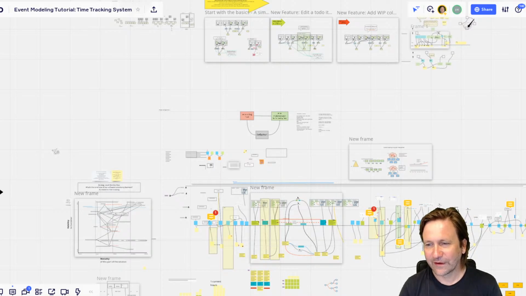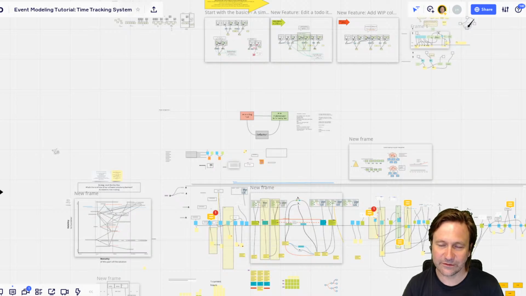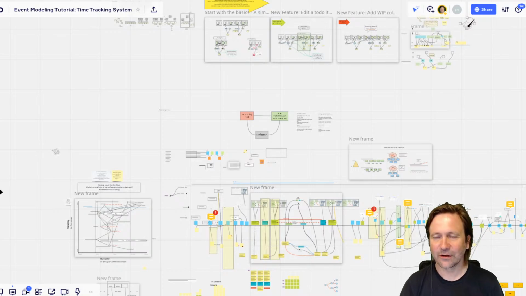So the fact that an event model allows people to collaborate a lot more without needing in-person meetings, or extra time to talk, is really good. I think it's a very mentally healthy exercise, and I've always talked about these event models as being the system you look at together.